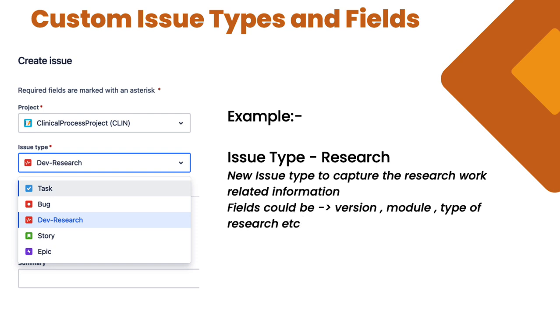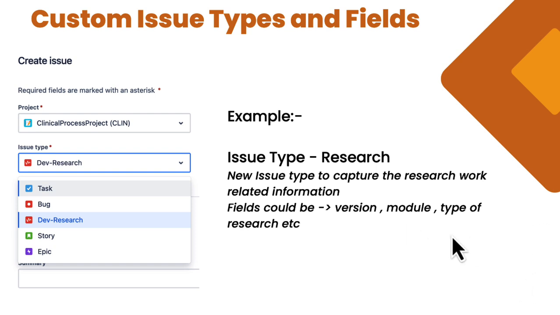To effectively organize and document the unique aspects of your research, you may find it beneficial to introduce a specialized field customized for this purpose. This allows you to capture all relevant information about your research activities comprehensively.